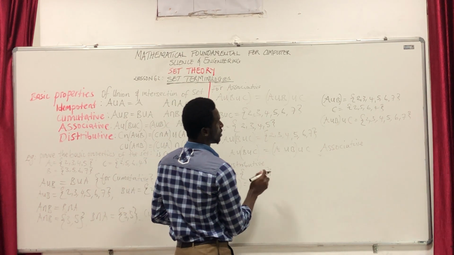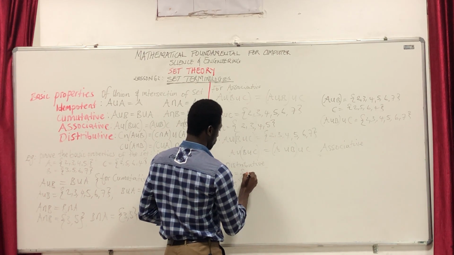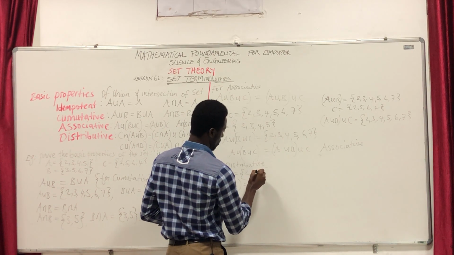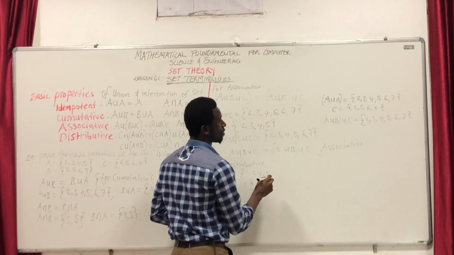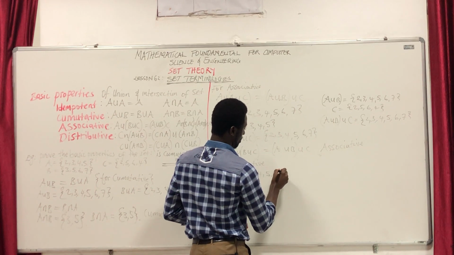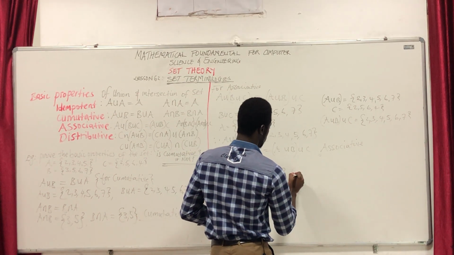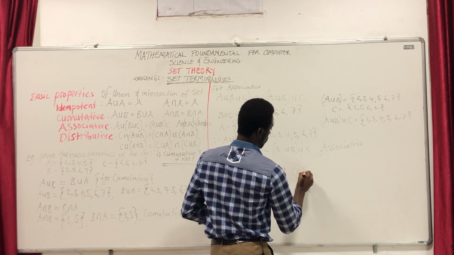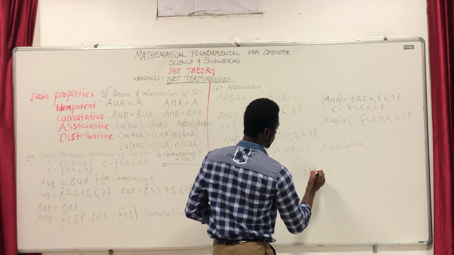A union B is 2, 3, 4, 5, 6, and 7. And our C is 2, 5, 6, 4.